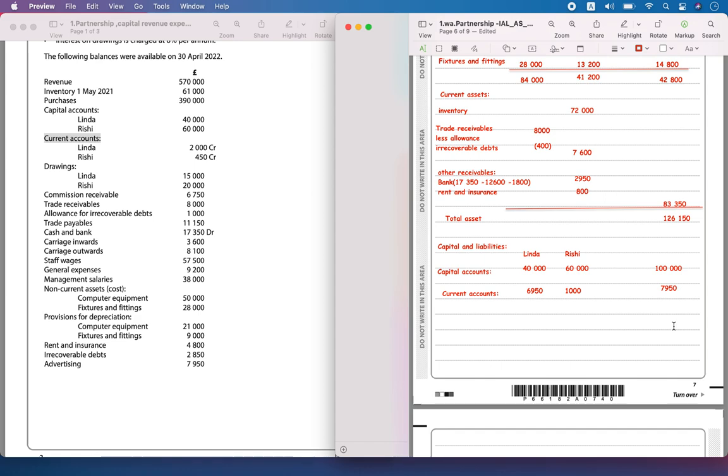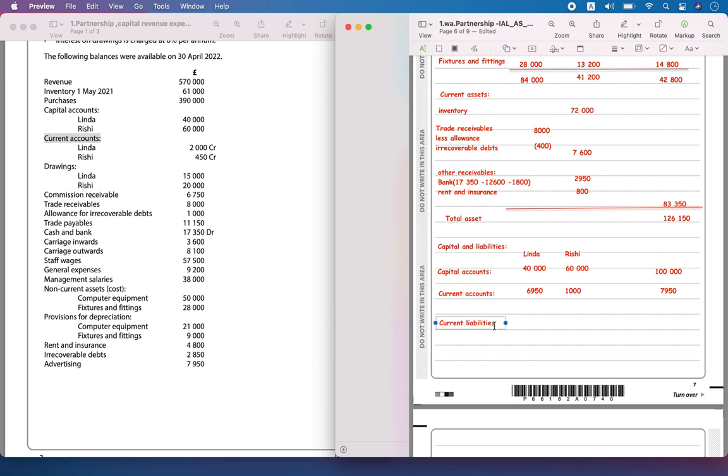Now let's calculate the current liabilities. The profit has been shared and adjusted to the current accounts, so we have this as the statement given for the partnership capital account and current account.